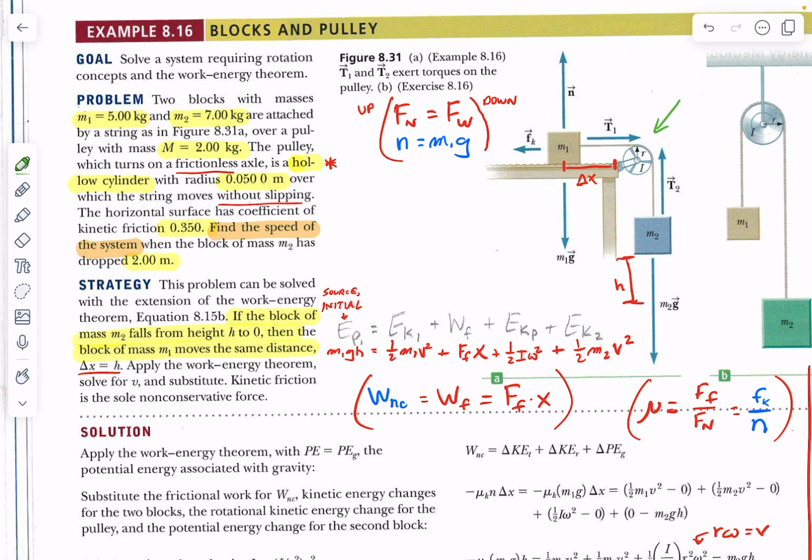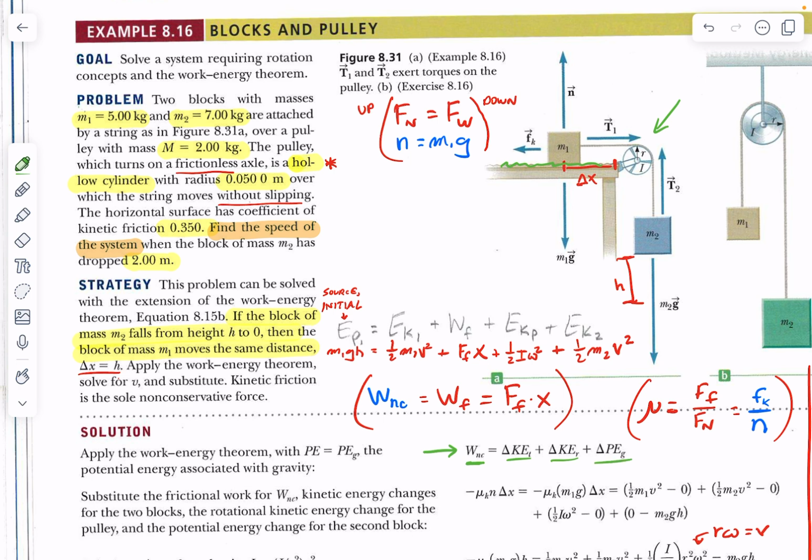Now, your textbook likes to approach it like this: the energy you lose due to friction of M1 going over the tabletop is going to equal the change in the translational kinetic energy, the rotational kinetic energy, and the potential energy.